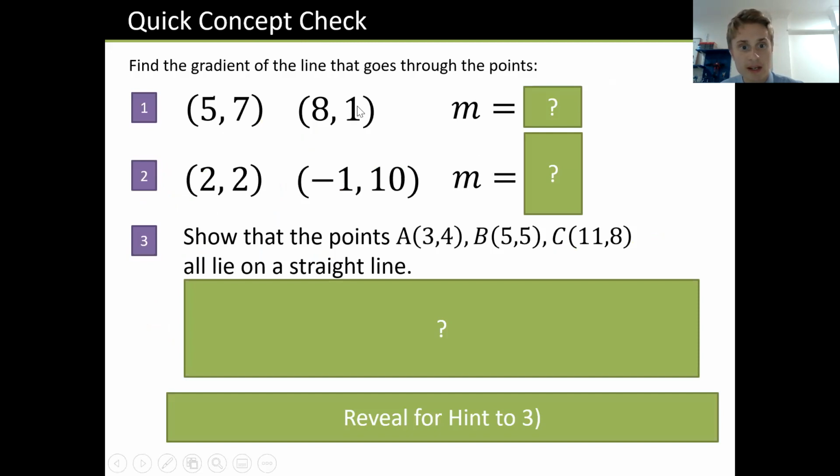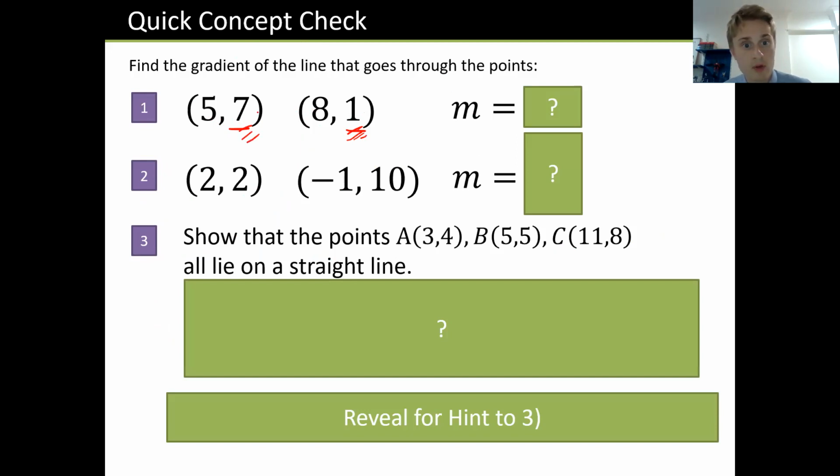Let's quickly check that concept. We should be able to check gradient without too much work. So, difference in y over difference in x. As long as you're consistent, you will get the correct answer. You might think, should I do the difference that way, or that way? It doesn't matter if you're consistent.